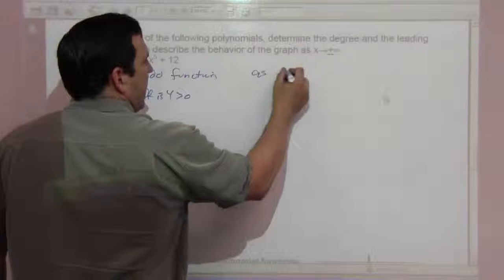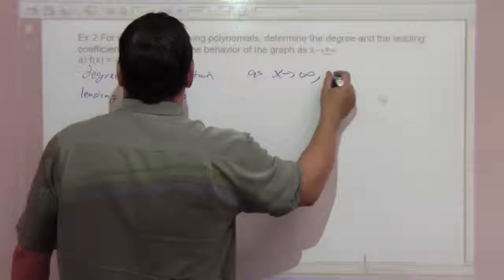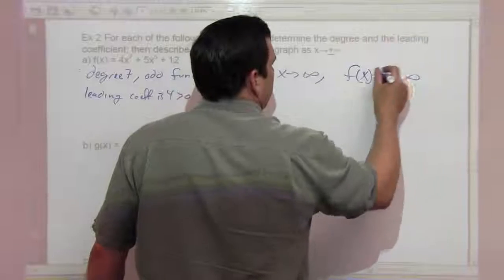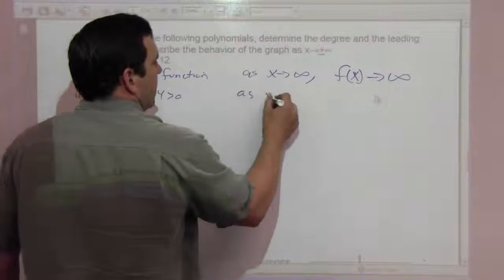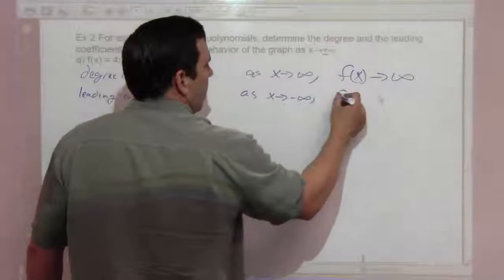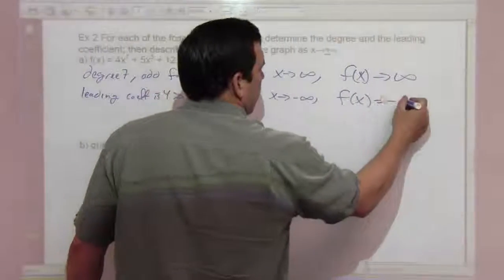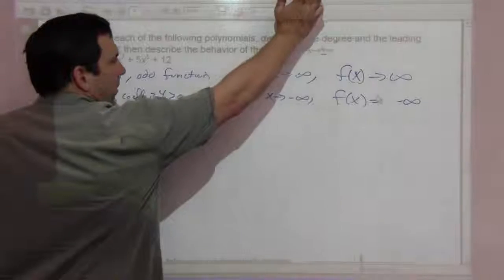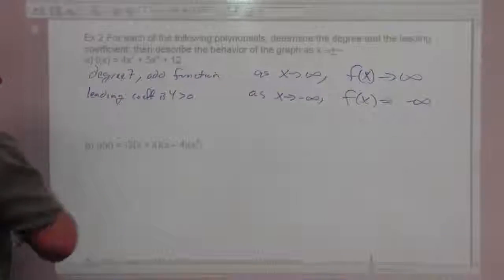So, as x goes to infinity, f of x will be going to infinity as well. As x goes to negative infinity, f of x will go to negative infinity because it's an odd function. So it's going to go up as you go to the right, going to go down as you go to the far left.